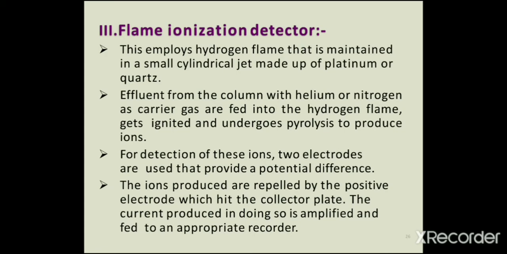So whatever ions are produced by using the hydrogen flame are repelled by the positive electrode, hit the collector plate, and the current that is produced is amplified and can then be recorded.